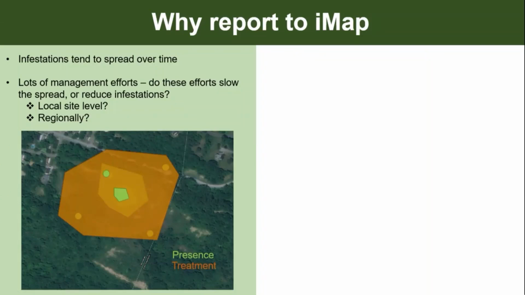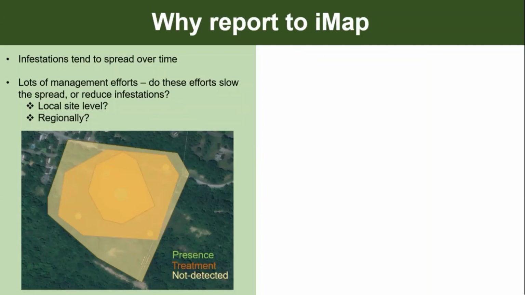Usually some will come back up, hopefully a smaller infestation. And then you could treat it again that year. And then maybe eventually you are no longer finding it and you can put a not detected record on top. And after several years, an infestation can be considered presumed eliminated. So that's kind of what we envision for how iMapInvasives can be used for tracking the spread of invasive species and its management at a site level.